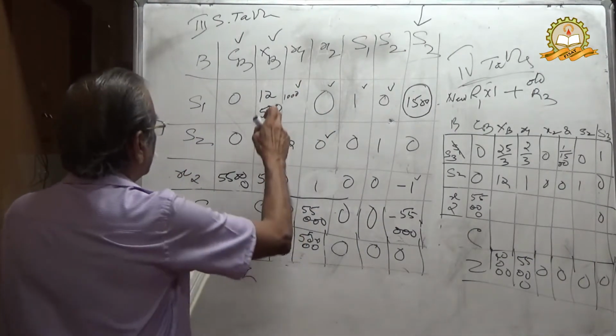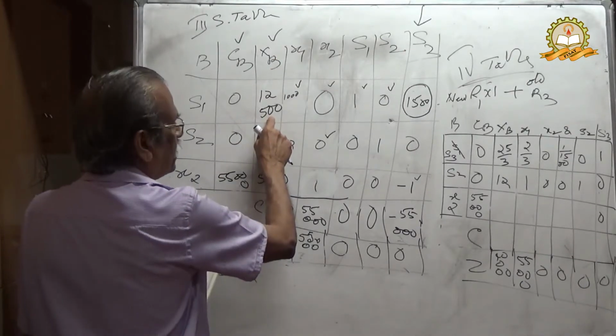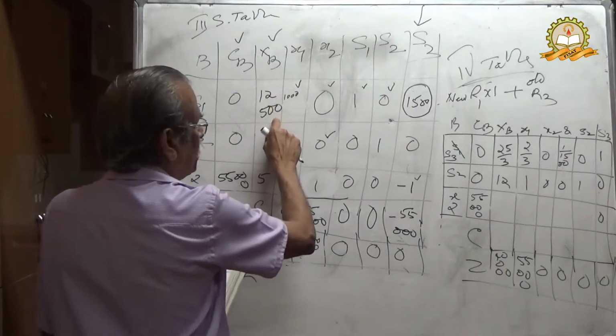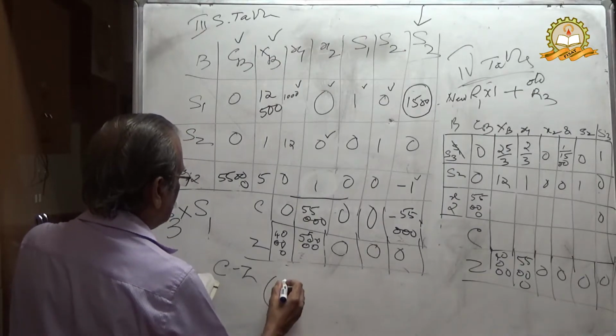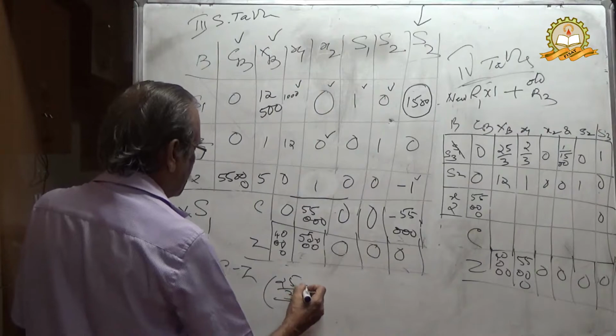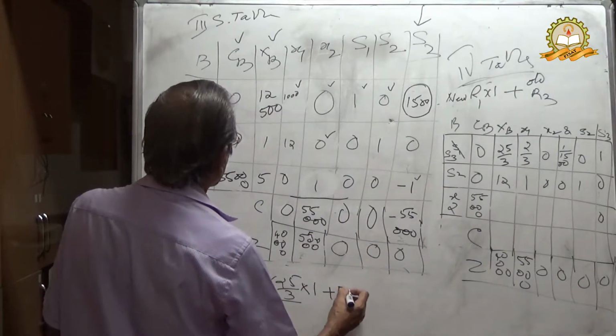Then come back again. You consider XB. Here you have got 25 by 3. Under this XB, you have 25 by 3 into +1 plus 5.